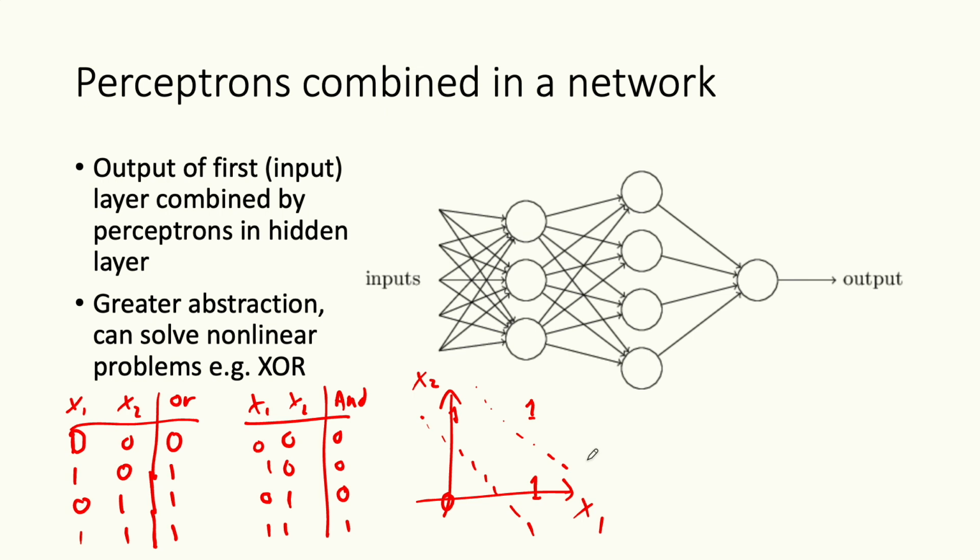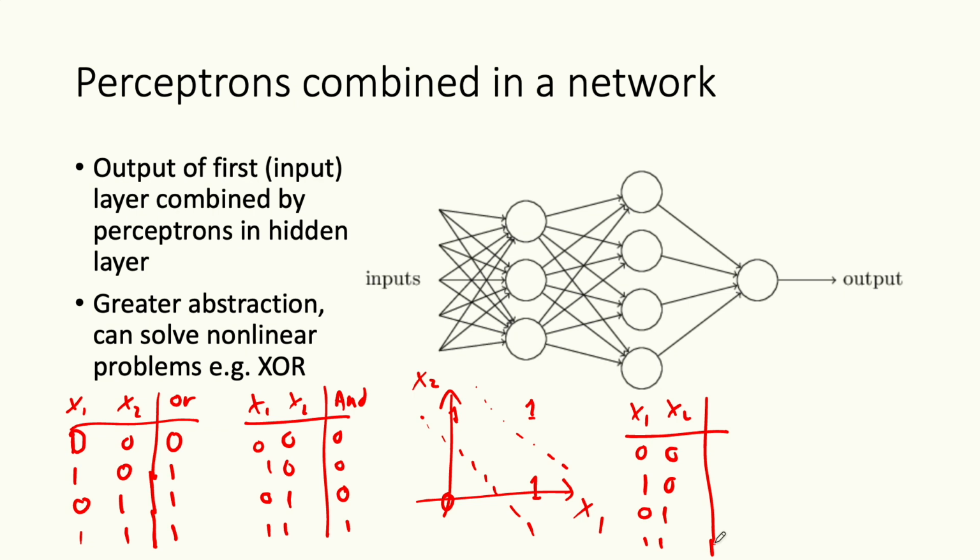The problem is when you get to anything non-trivial, for example, XOR. So XOR looks like, let's say you got 0, 0, 1, 0, 0, 1. You can think of it as OR, but only OR. In other words, either or, but not both.